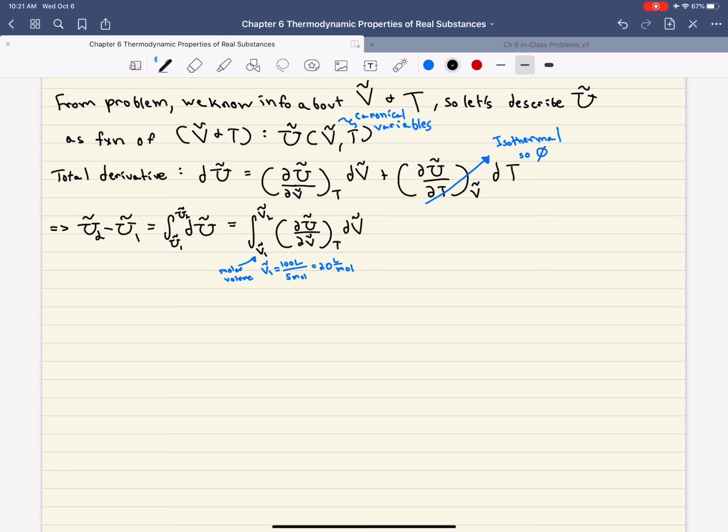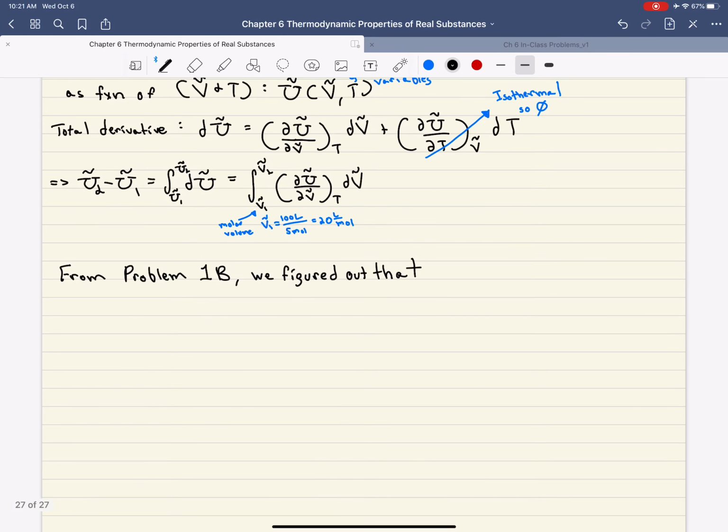And that's where all that calculus of thermodynamics we did in problem 1 comes in handy. Because in problem 1b, we demonstrated this, or we proved this, that our partial derivative of U with respect to V at constant T, we could rewrite it like this.